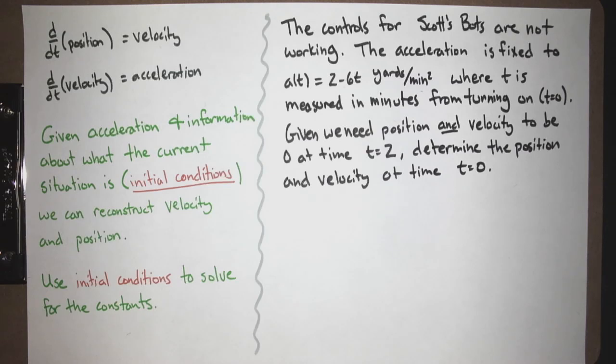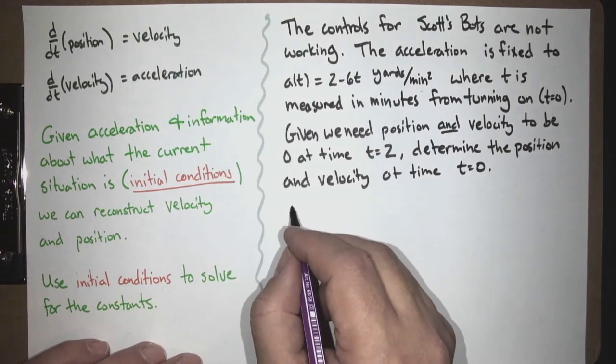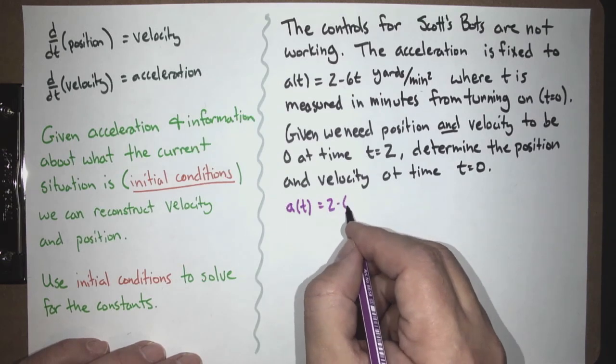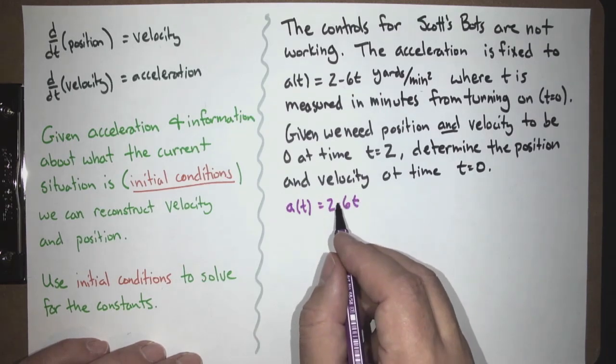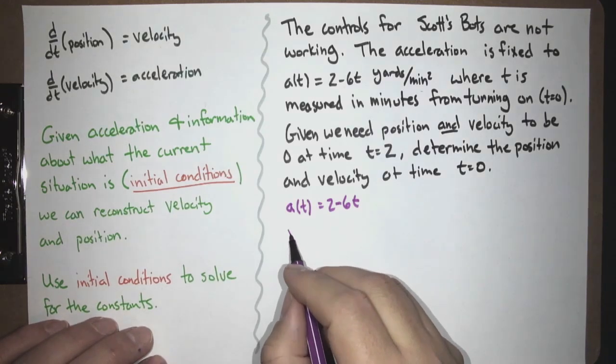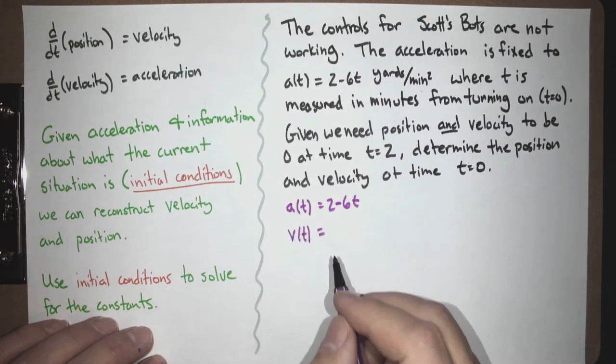All right, so let's figure this out. We know our acceleration is 2 minus 6t. How do you go from acceleration to velocity? You antiderivative. Usually we say integrate. So what is velocity at time t?